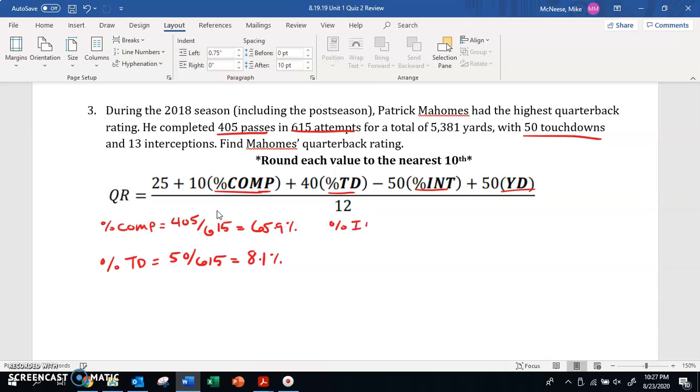Percentage of interceptions, we've got 13 interceptions divided by 615 attempts, so 13 divided by 615, which equals 2.1%.